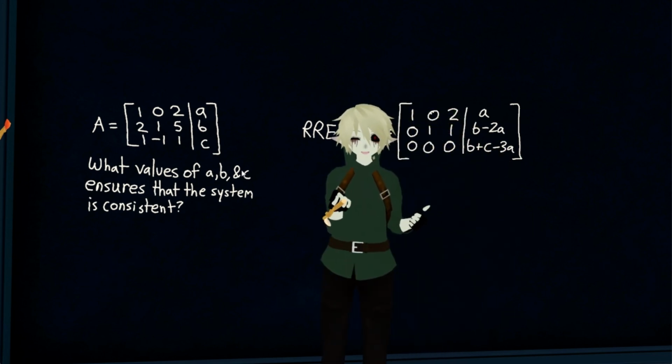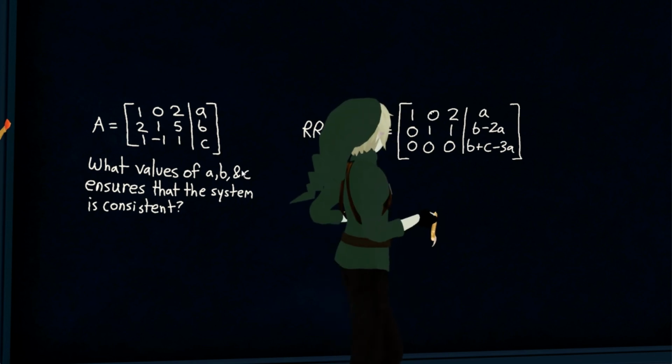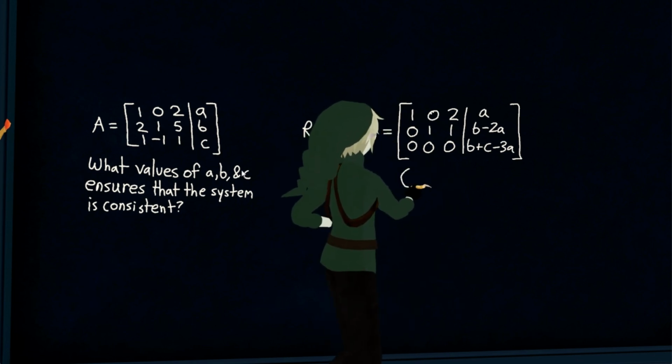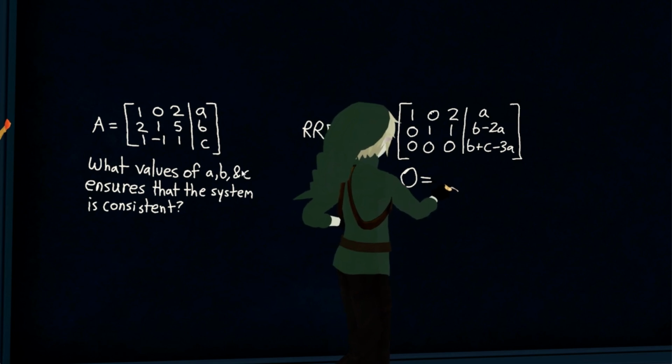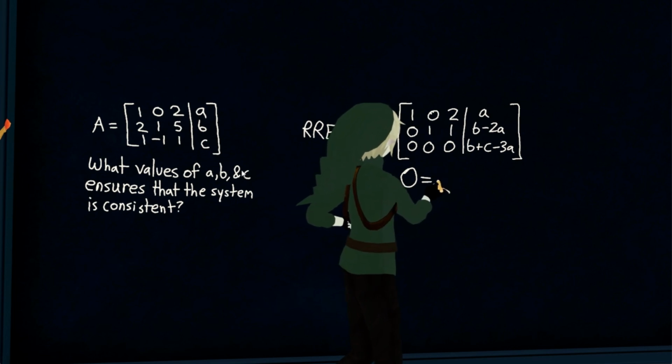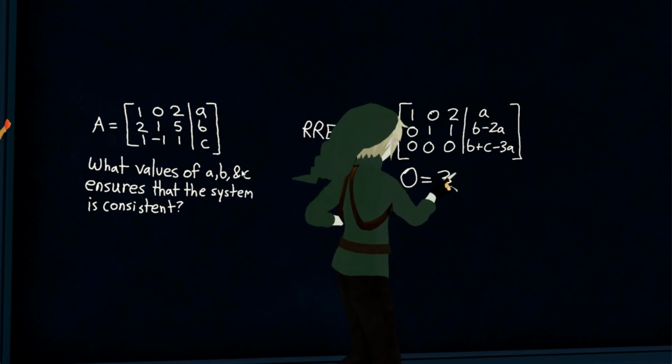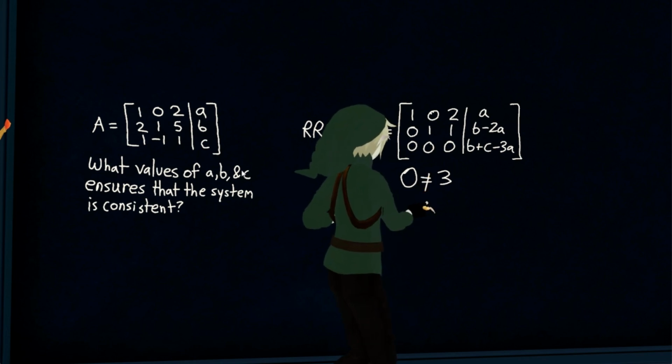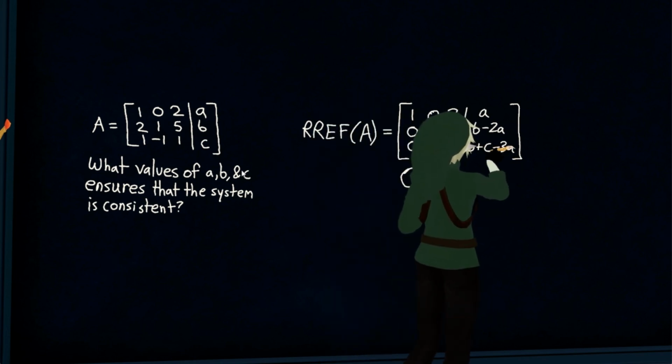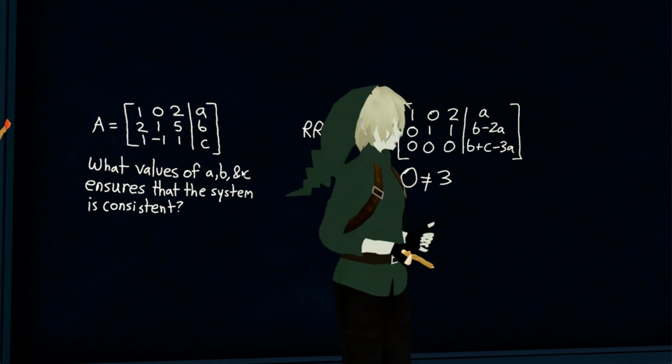What causes a system to be inconsistent? Contradiction. Things like 0 being equal to some number like 3, which is not supposed to happen. If this is not 0, then the world ends.